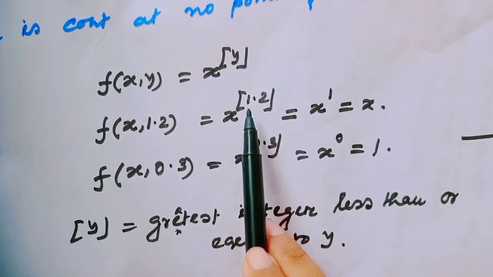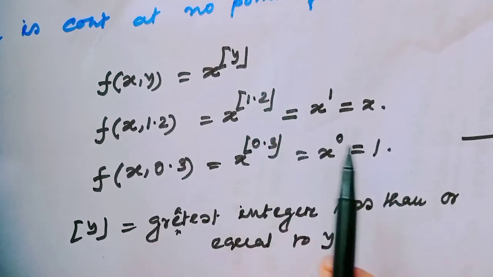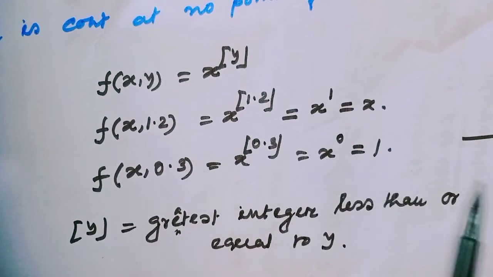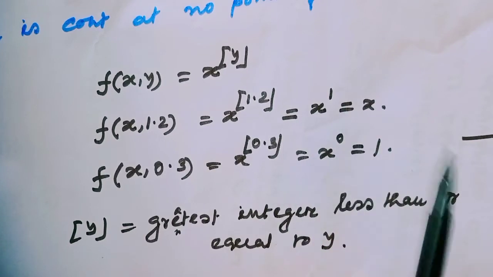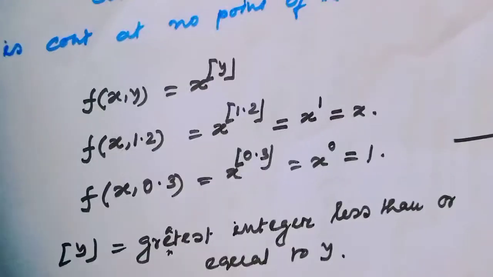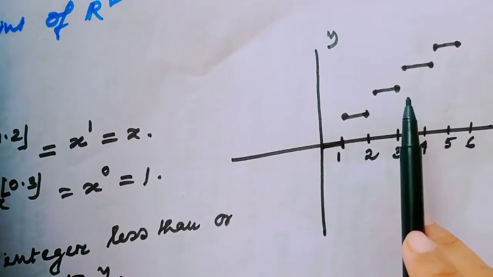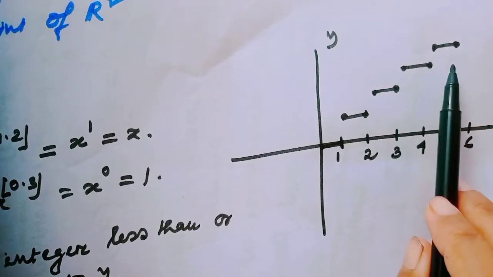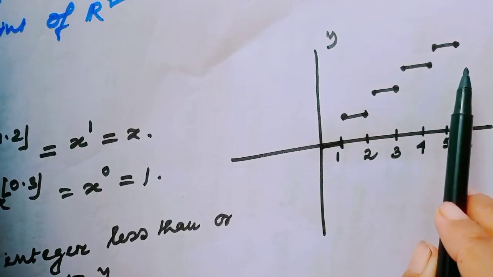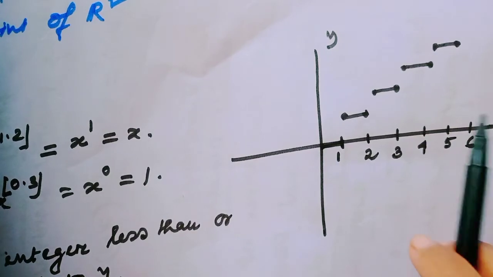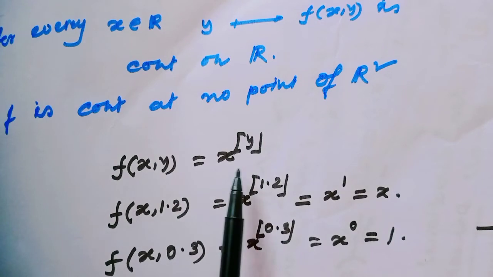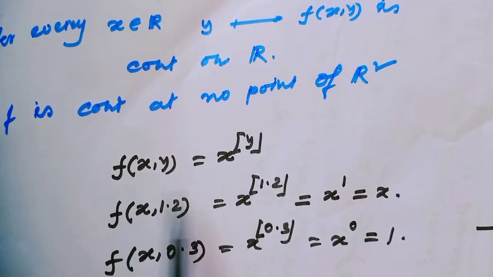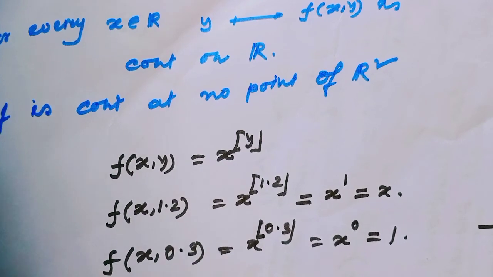Similarly, for 1.2 the greatest integer which is less than or equal to 1.2 would be 1. We all know this is the graph of the box function, also known as the step function. And our given function is defined like this. Now let's see the options.